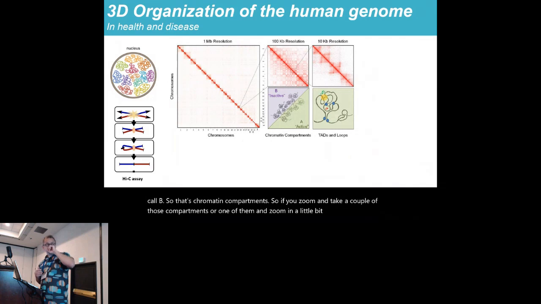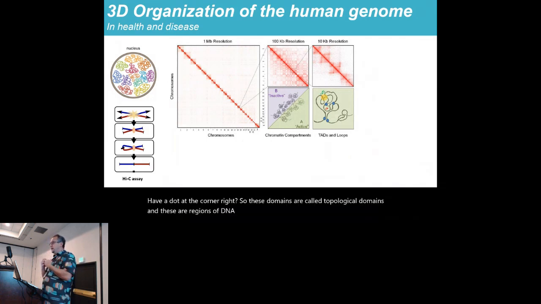If you take one of those compartments and zoom in a little bit more to higher resolution, you again see diagonal square blocks. Some of them are fuzzier with no dot at the corner, and some of them have a dot at the corner. These domains are called topological domains, and these are regions of DNA that interact highly within, but not across the two separate domains, even though they are neighboring.